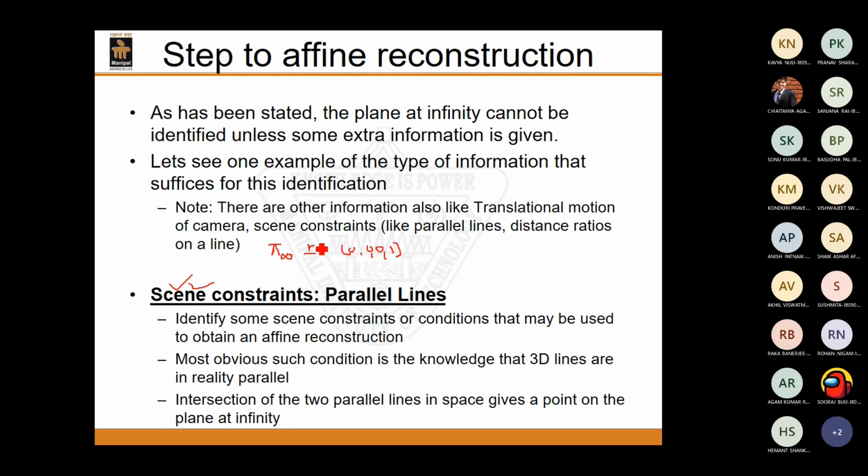And this H, after determining it, can be applied to all the image points present in the projective space, and that will give me what? The affine space, or the affine transformation that I'm looking for. Okay, so that completes the whole method of how you can convert from projective to affine transformation, right?